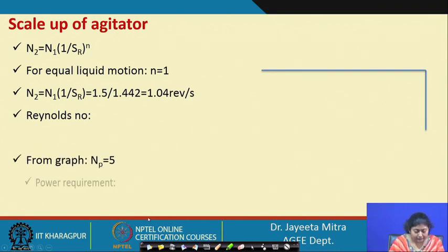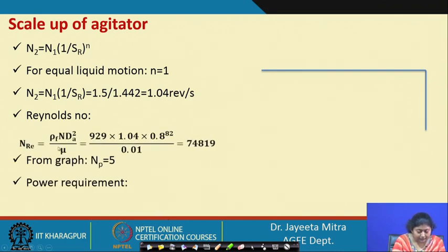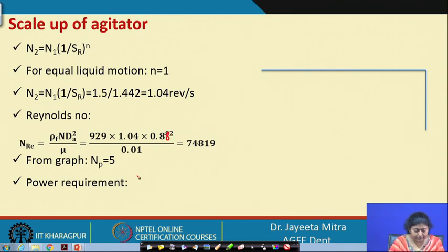The Reynolds number will be rho into N dA square by mu. So, 929 into N, which is 1.04, into dA square, 0.88 squared, by 0.01 viscosity. So, we are getting a very high Reynolds number, which shows the turbulence region.